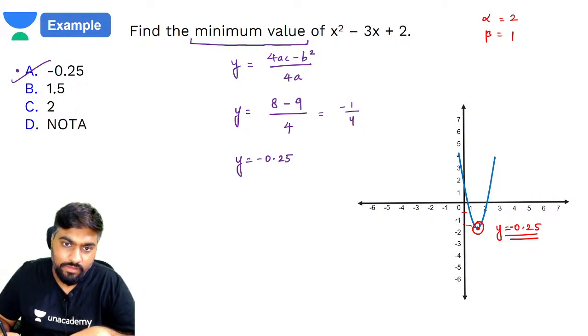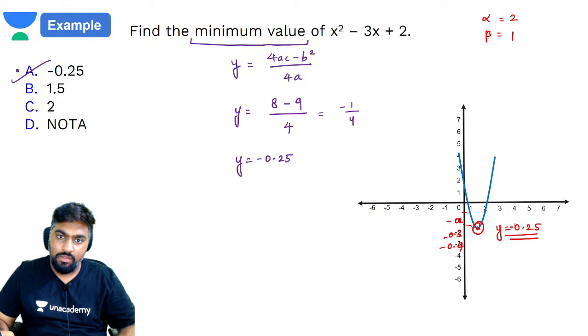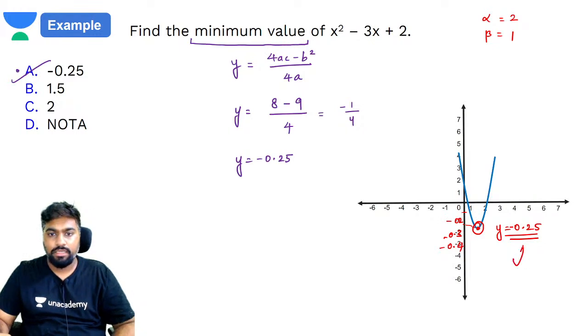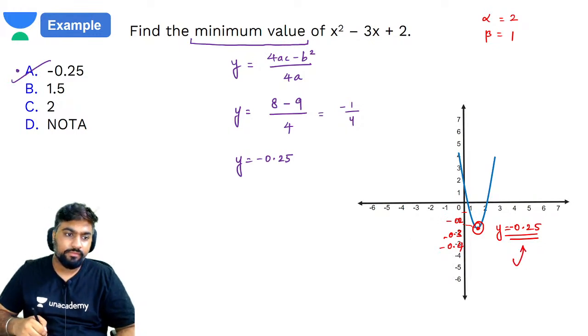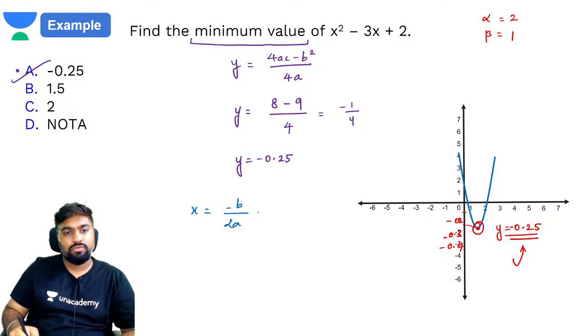Yes, let's say this is 0.2, 0.3, 0.4. Okay, now it will make sense. So it's at minus 0.25. Now if you find the value of x, it's not necessary for this question, but if you find the value of x, which is minus b by 2a, minus b is how much?